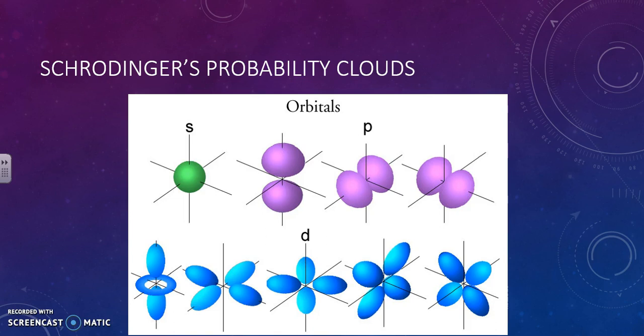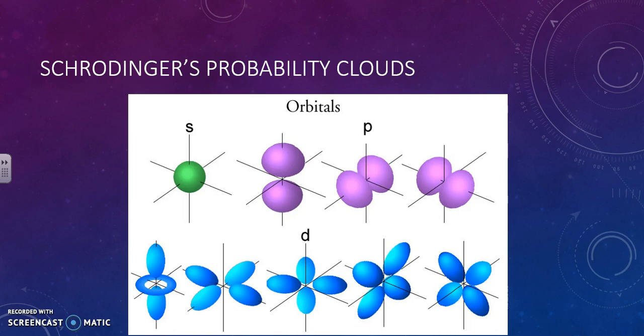So one big balloon he calls the S shape. Then there are 3 very similar shapes shown here in purple that are basically like 2 balloons connected. And in the X, Y, Z coordinate system, they would line up with the X-axis, the Y-axis, and the Z-axis.